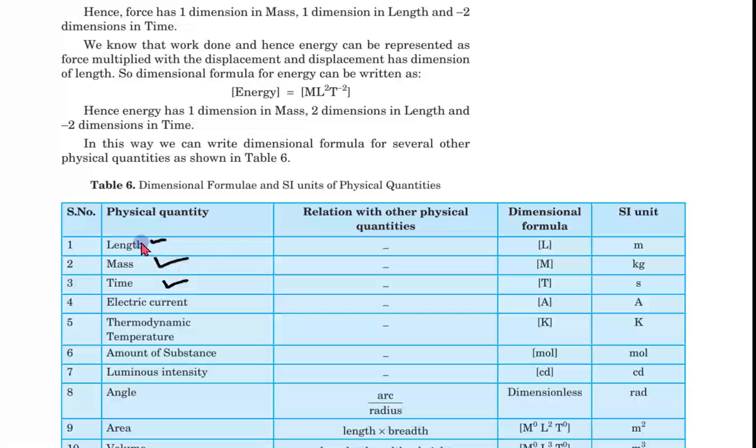Their dimensions are: length is the first letter L, mass is the first letter M, time's first letter is T. So the unit of length is meter, mass is kg, time is second.